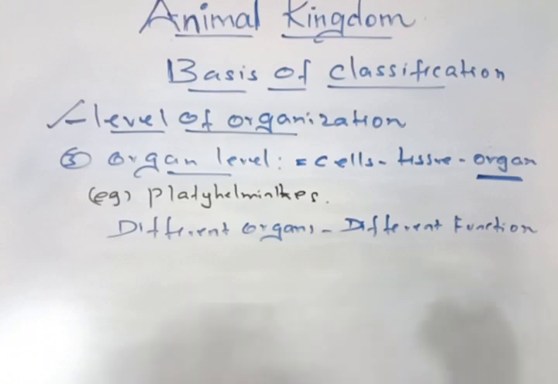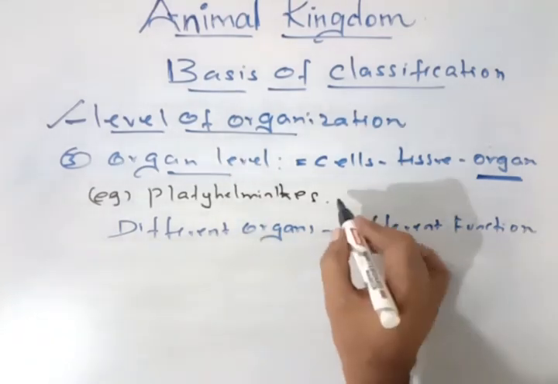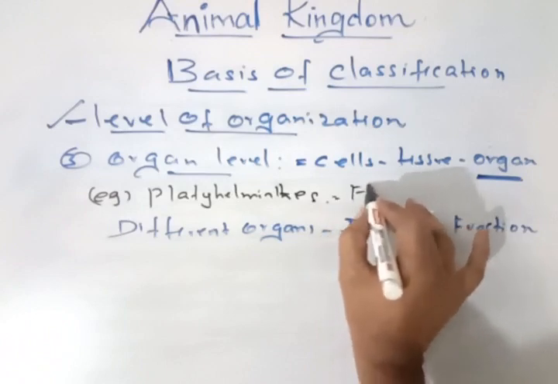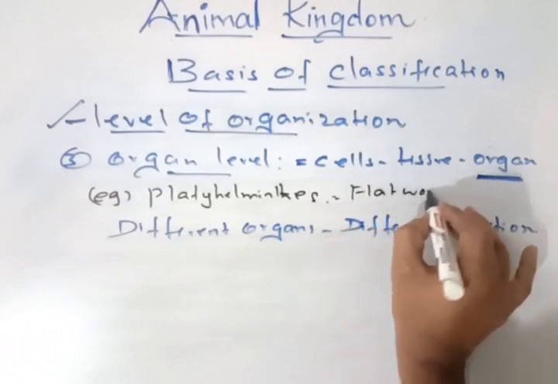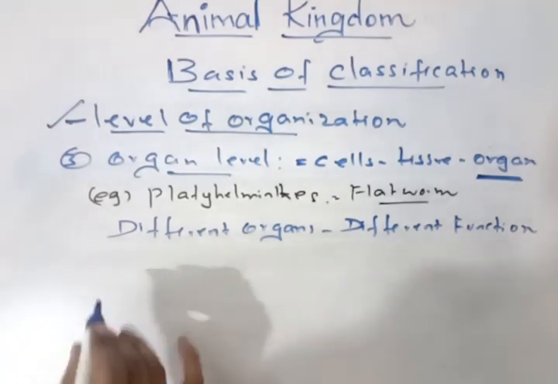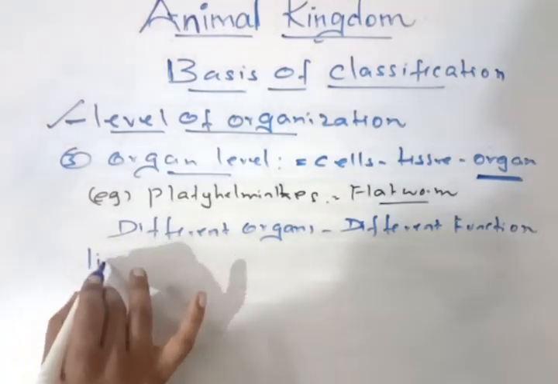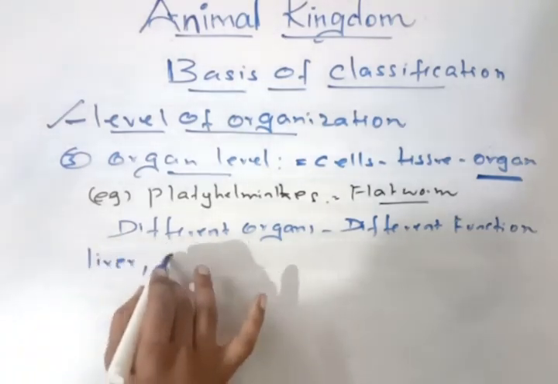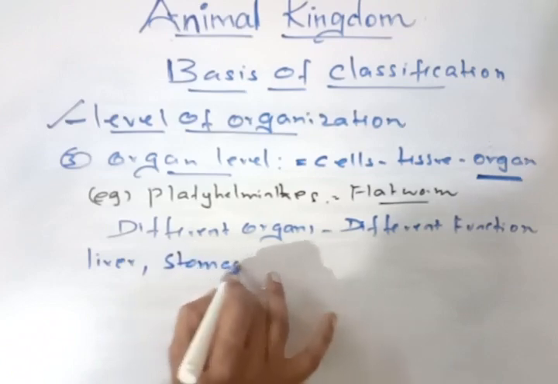So what is an example for Platyhelminthes? Flatworm, tapeworm, all this. In this flatworm you will have different organs, and each organ performs a different function. So what are those examples? You will have liver, an organ which performs a function. Then it has a separate stomach.